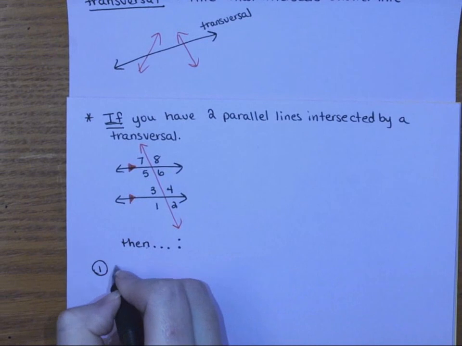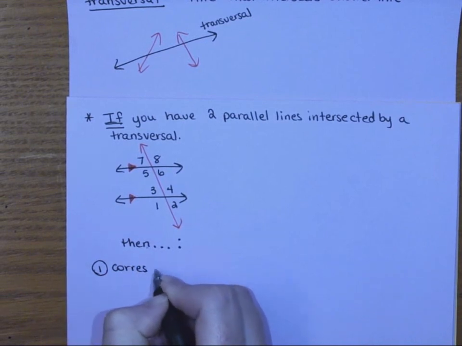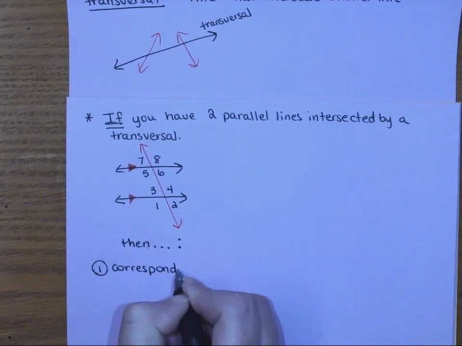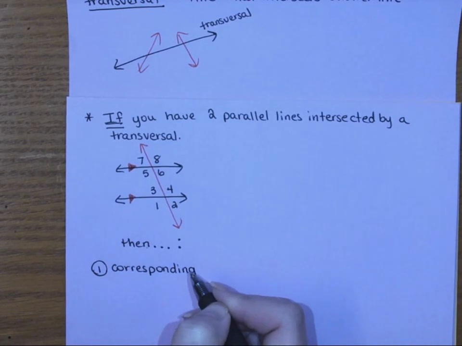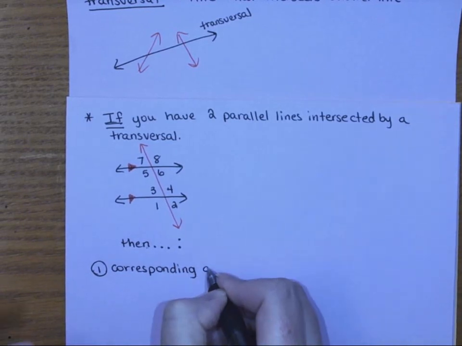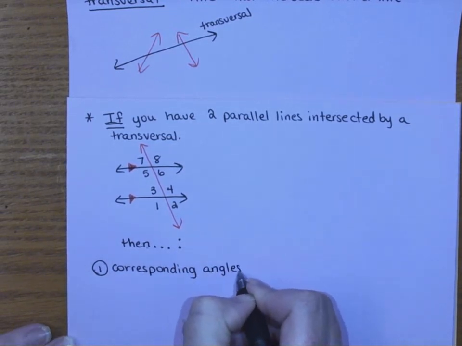So the first type of angle pairs that occurs when we draw something like this, where we have parallel lines being cut by a transversal, is corresponding angles.